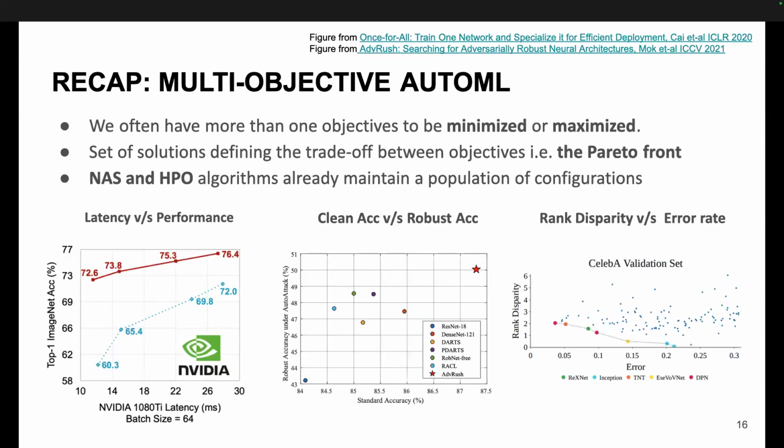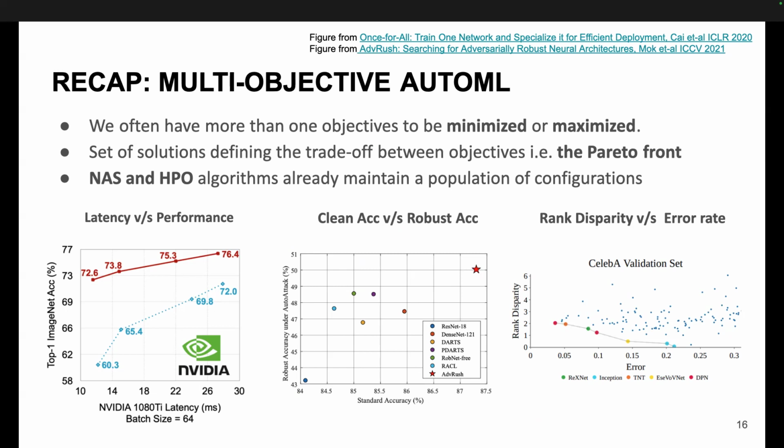Thanks, Samuel. So before we dive into the details of our methodology, let's start with a recap of multi-objective AutoML. For multi-objective optimization, we often have more than one objective which is to be minimized or maximized. The solution here is not a single point, but a set of points, often called the Pareto front, which captures the trade-off between two different objectives.